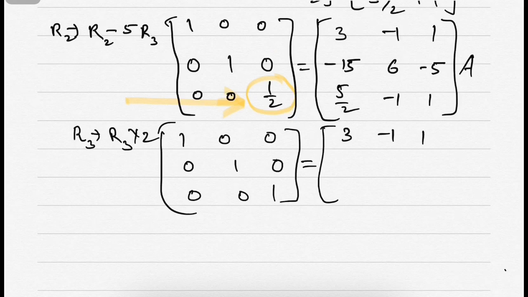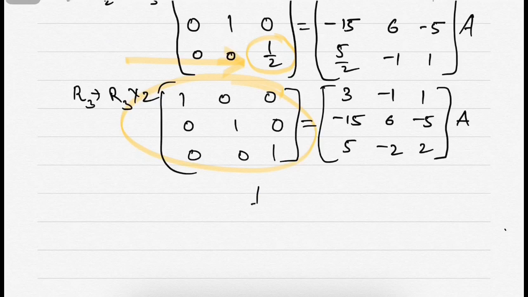3 minus 1, 1, minus 15, 6, minus 5, as there is no change in R1 and R2, but we are multiplying R3 by 2, so minus 5 by 2 into 2 is equal to minus 5, minus 1 into 2 is equal to minus 2, 1 into 2 is 2.